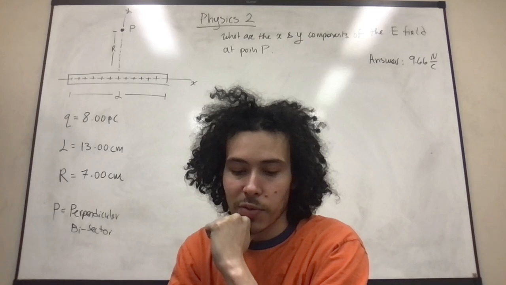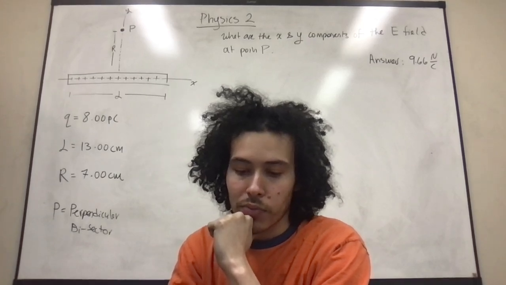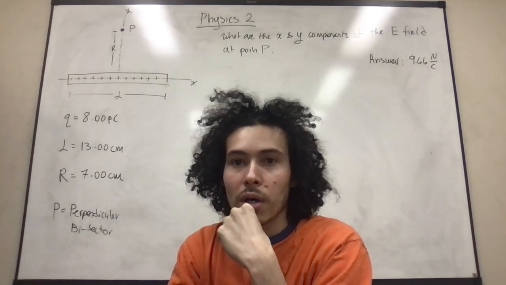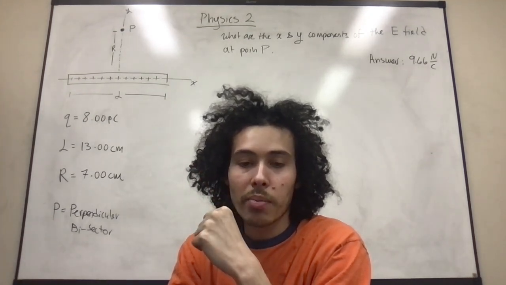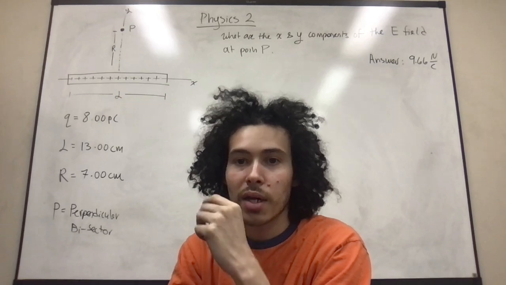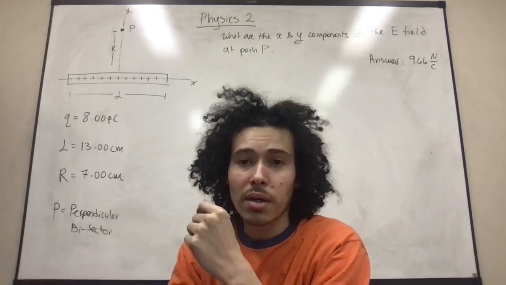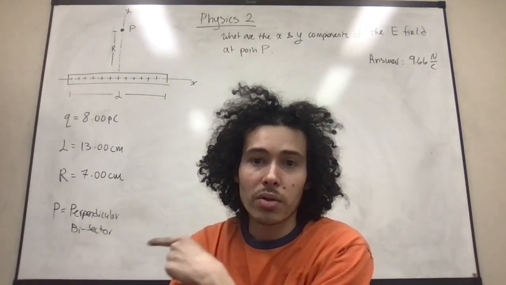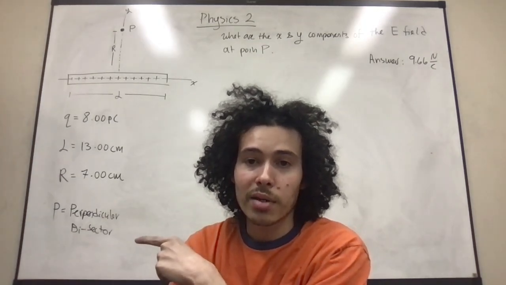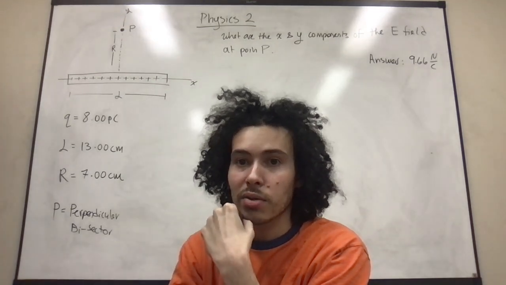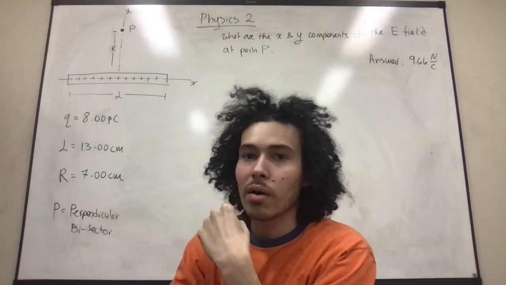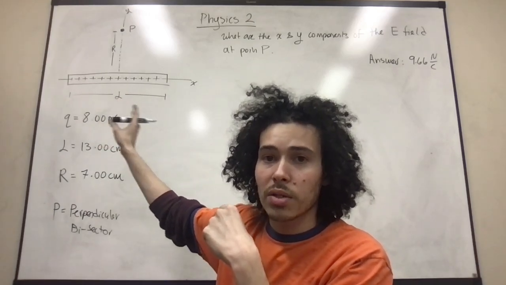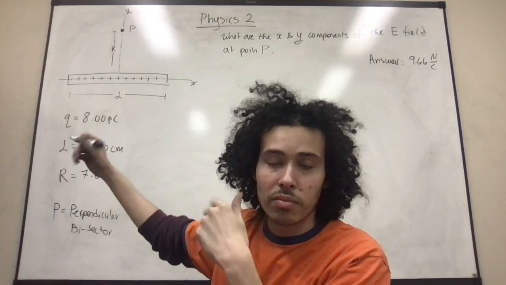This is a textbook problem of Physics 2, where we are asked to find the x and y components of the electric field at a specific point that is on a perpendicular bisector of a charged rod with uniform density of charged particles.